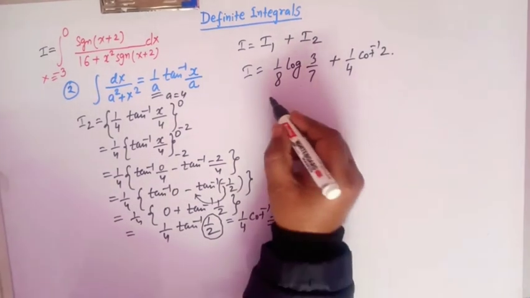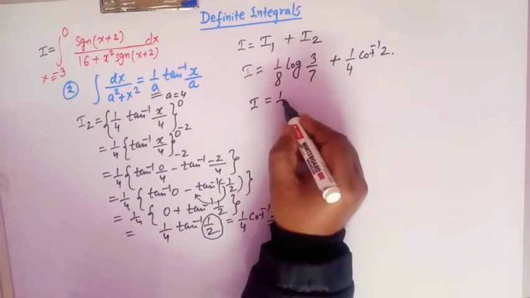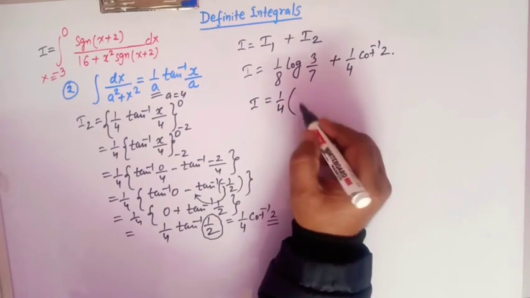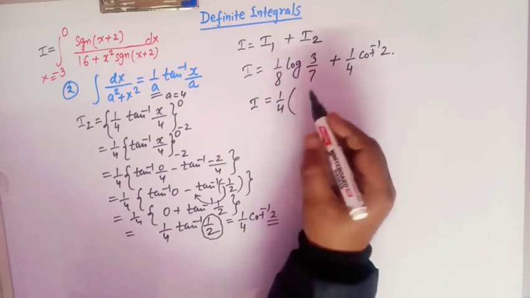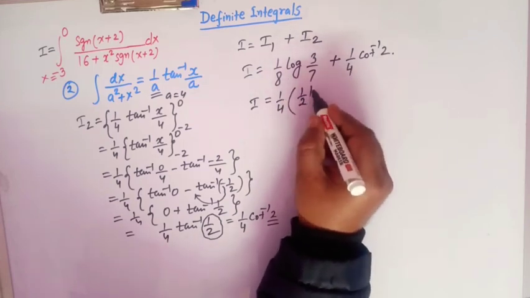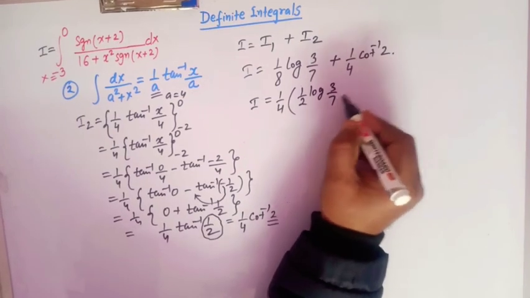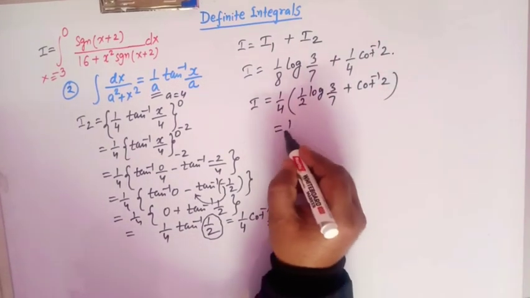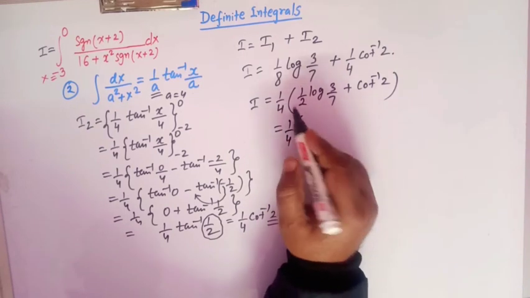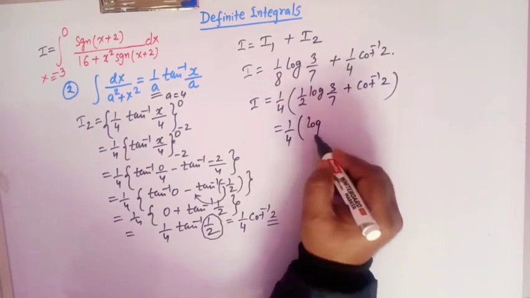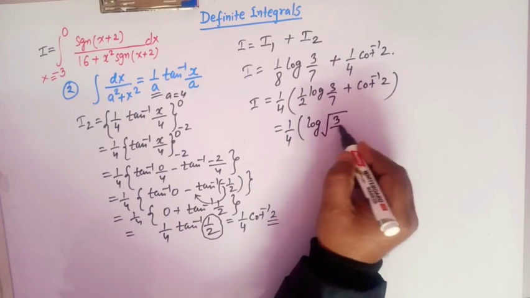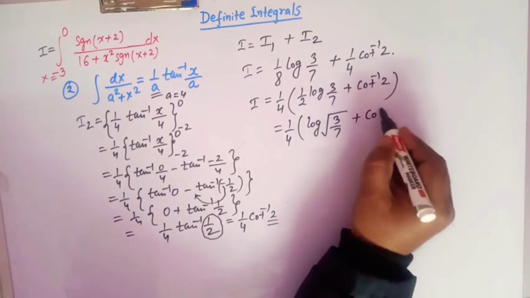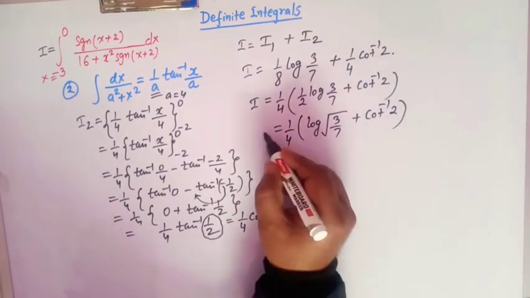And this can further be simplified by taking 1 over 4 common, so we have half log 3 over 7 plus cot inverse 2, and we can write it as 1 over 4 times log of square root of 3 over 7 plus cot inverse 2.